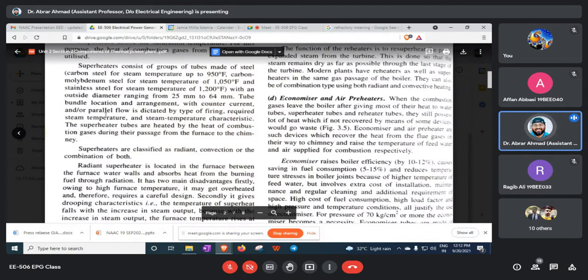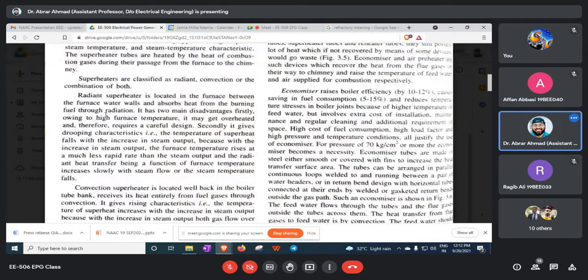So these are what we call superheaters that actually take the heat beyond the heating of the furnace.